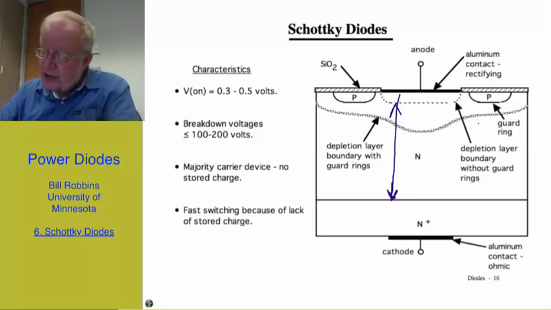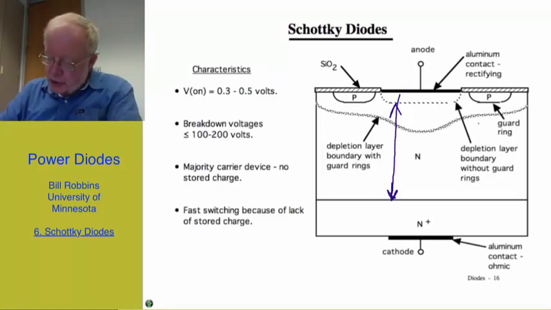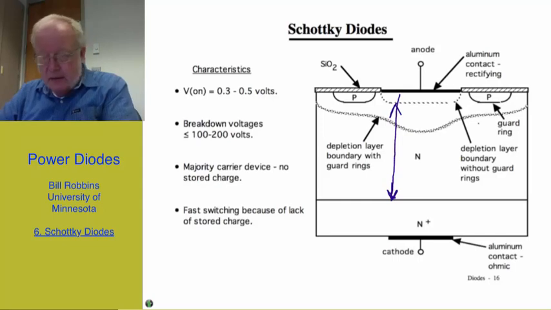We're going to have a much thinner, even in thermal equilibrium, depletion layer thickness. That means sharp radii of curvature. So we have to have guard rings in order to maintain the estimated breakdown voltage, which we would come to using the plane parallel approximation for the boundary of the depletion region.